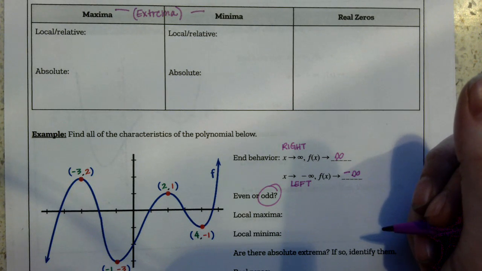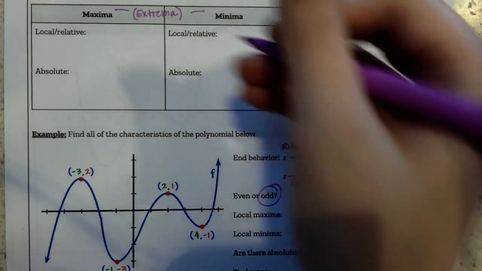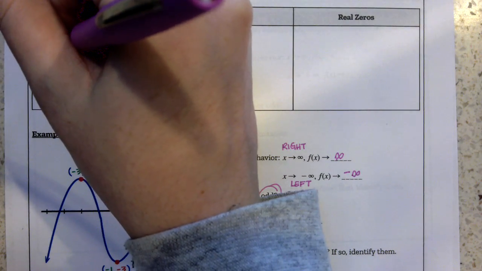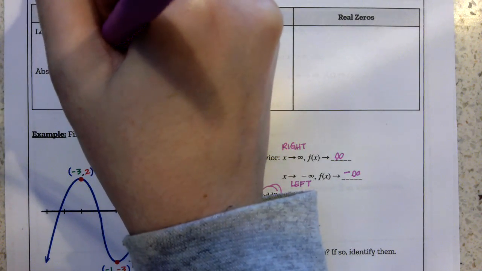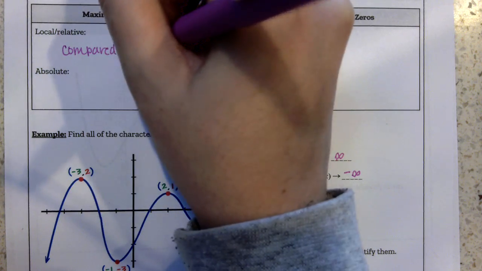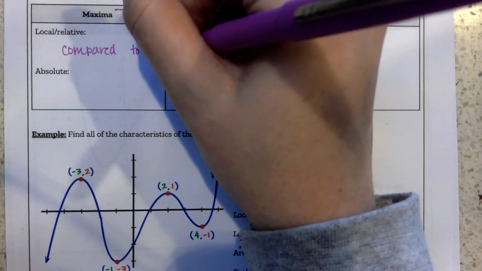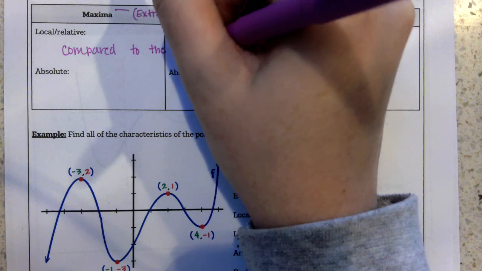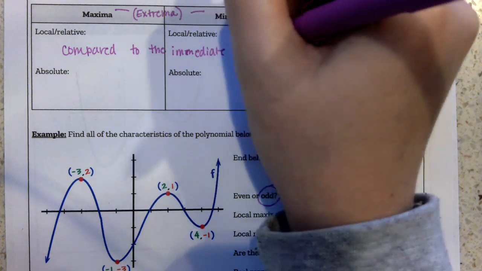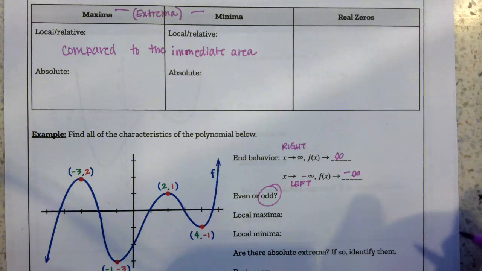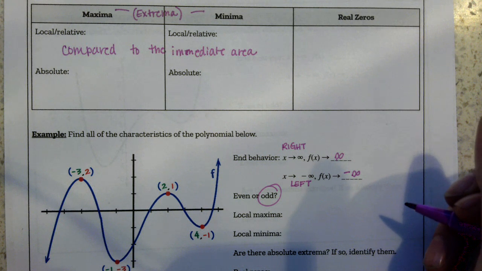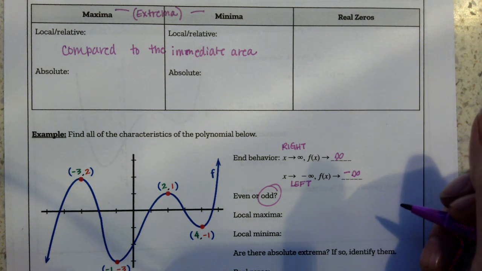Local or relative maxima or minima are only when compared to the immediate area. So it's a maximum or a minimum, but only when compared to the area just around it.